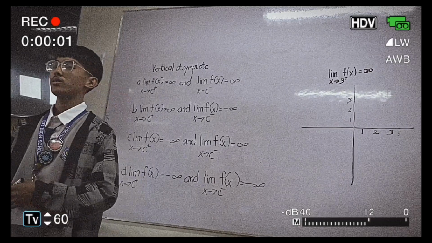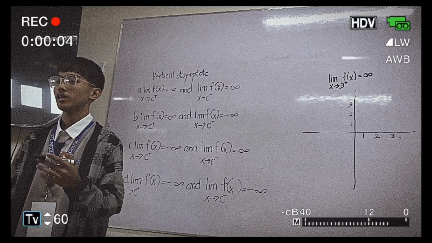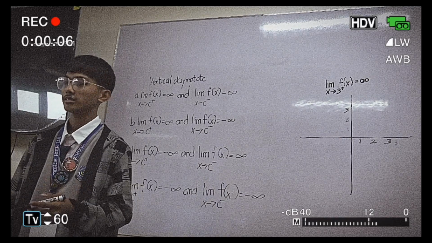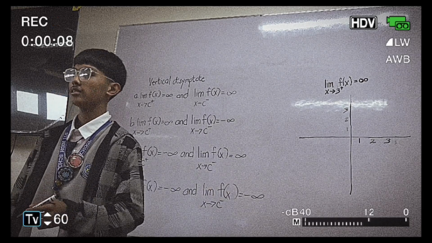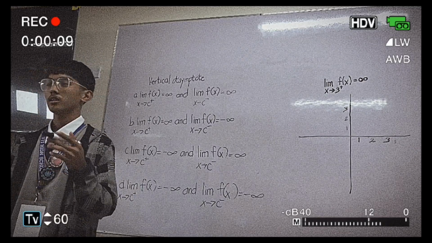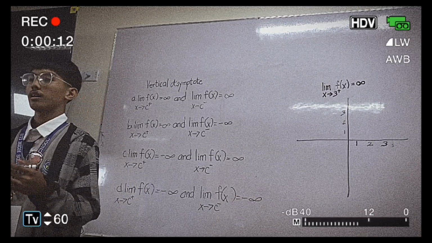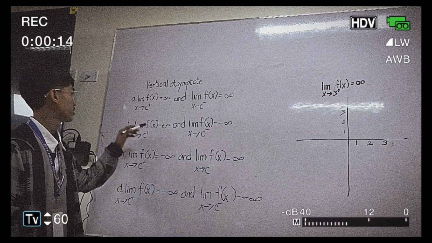In limits, we also have asymptotes. If the value of a function f of x approaches a real number L as x increases or decreases without bound, then f has a horizontal asymptote at y equals L. A function has a vertical asymptote at x equals c if one of the following conditions is satisfied.